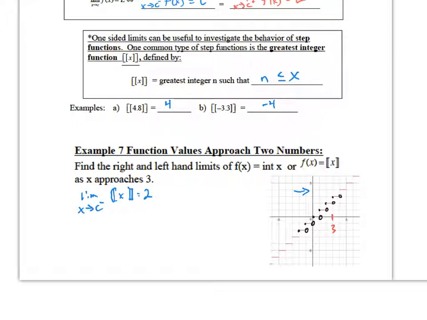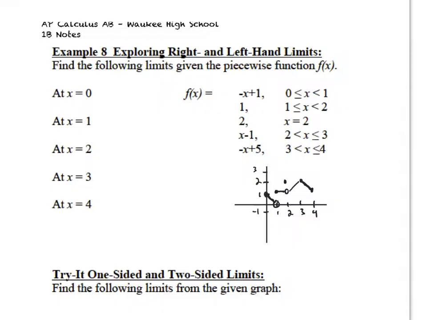Now I've got to investigate the limit as we come in from the right side. The limit as x approaches 3 through the positives of this greatest integer function, it's kind of funky to write these brackets, is 3. So now you see we've got two different limits. So the limit at 3 doesn't exist, obviously, but the single limits do. Let's take a look at some examples on the next page here.